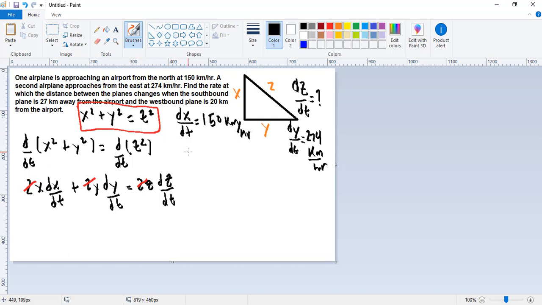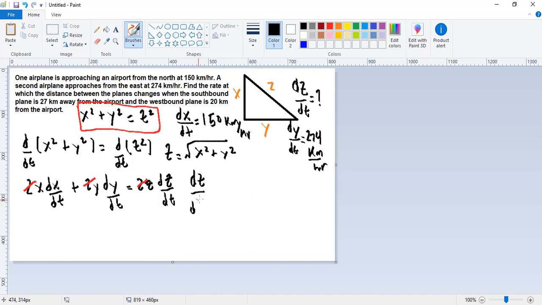So it's all just a matter of substituting everything in. Now, one thing that I did bypass was that if you know what x and y are, that means that you know what z is. So z is equal to the square root of x squared plus y squared. So that's going to be key to reducing our computation.